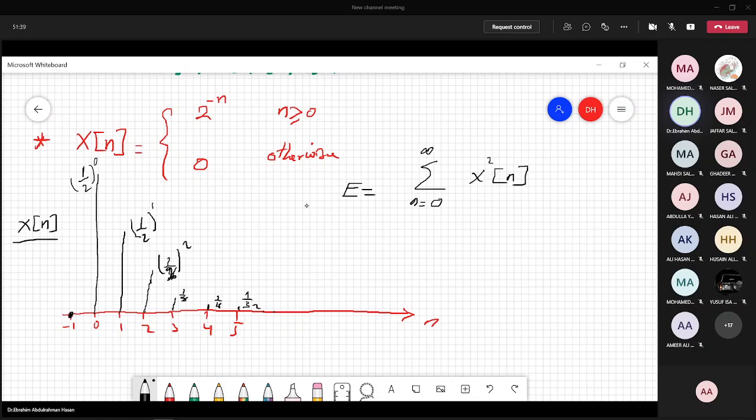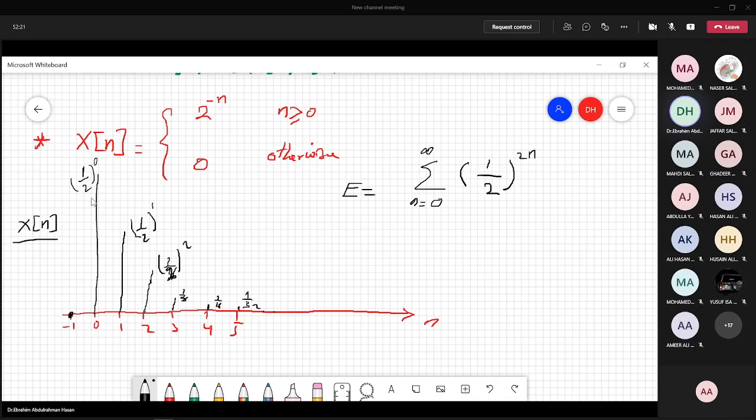So then it is summation of 1/2 all square, 1, 0, 1, 2, 3. So 1/2 to the power of 2n.